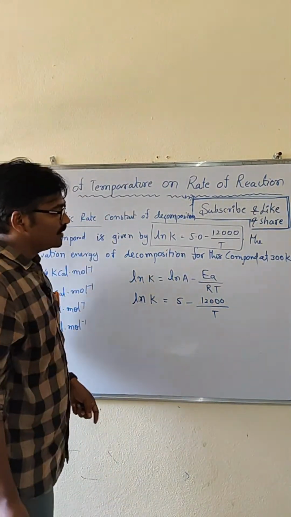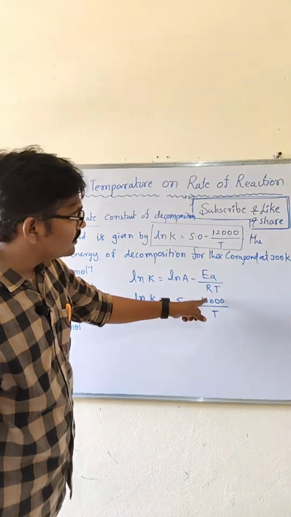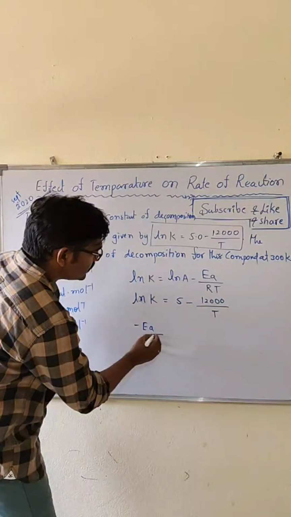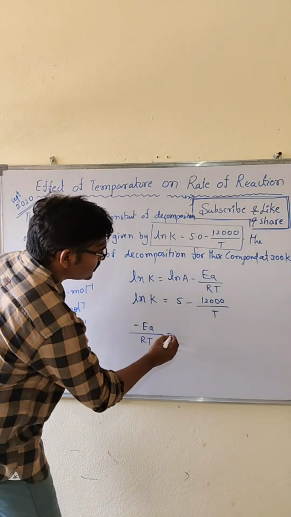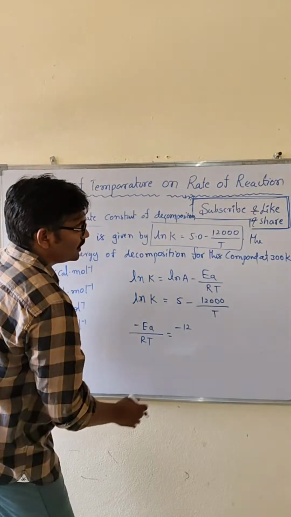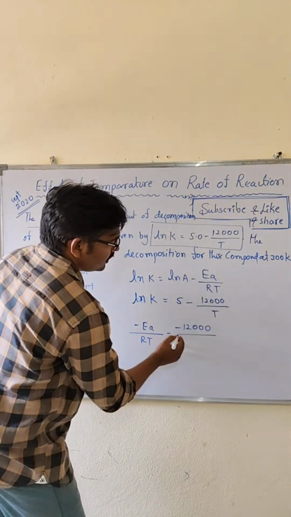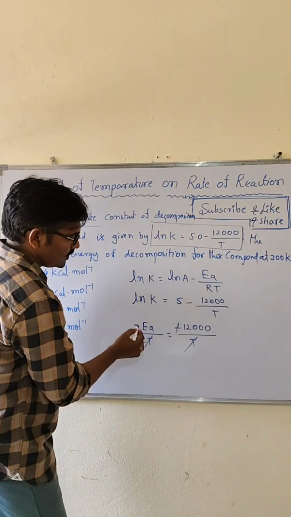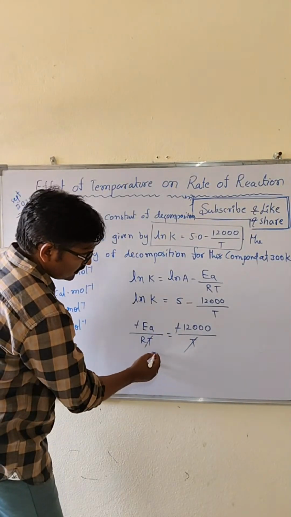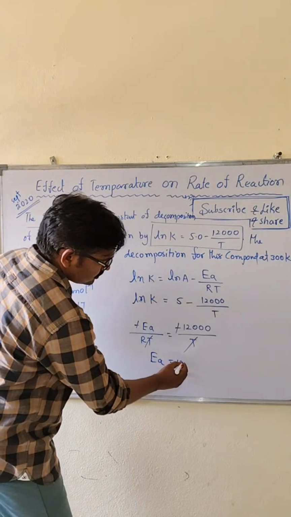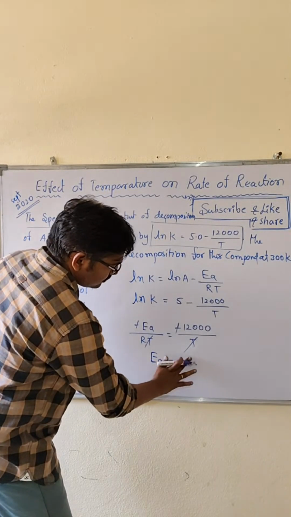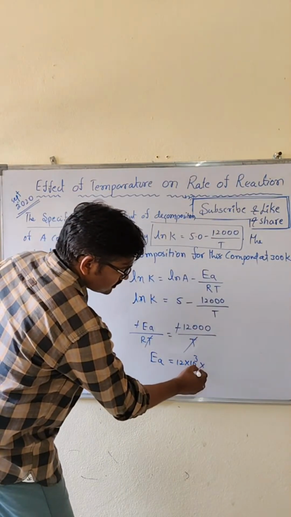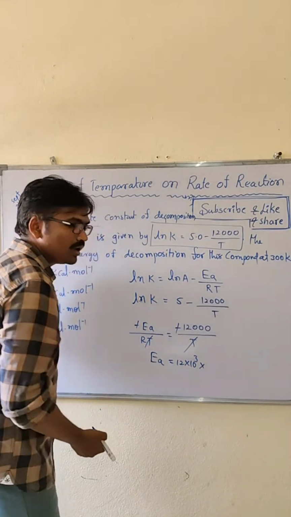So actually these two terms are equal, right? So I am taking minus E divided by RT equals minus 12,000 divided by T. In both cases the temperature cancels, the minus cancels. Then what is required? EA is required. EA equals 12,000, which we can take as 12 into 10 to the power of 3, into the R value.